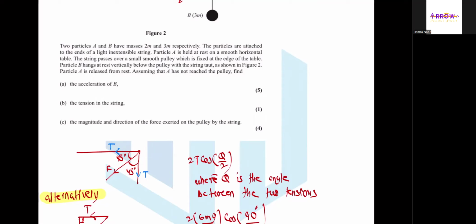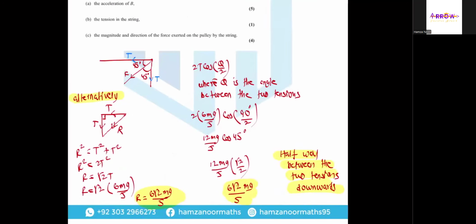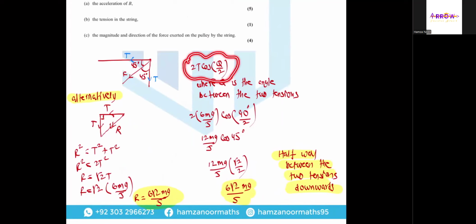This is the pulling force over here. So when we are considering the pulley, the tension in the string is moving away from the pulley. Either you can do head to tail rule, or we have a standardized formula.